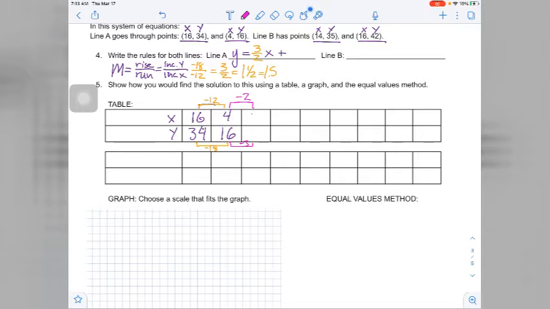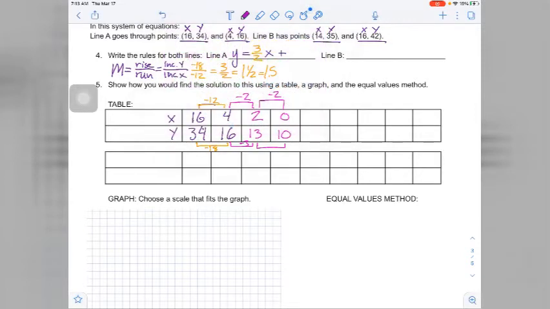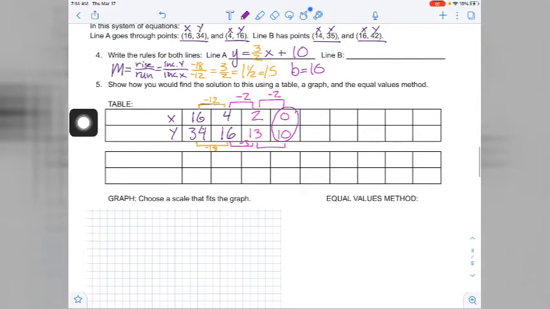So when x is 2, y is going to be 13, and if I go back 2 more, when x is 0, y is going to be 10. We know that the value for b is the value of y when x is 0. So in this case, b is equal to 10, because when x is 0, y is 10. So there's my first rule.